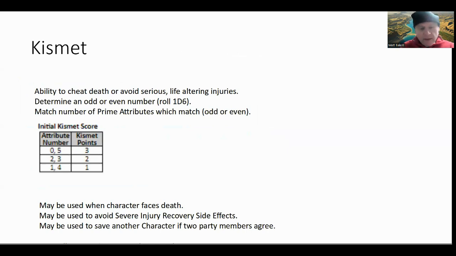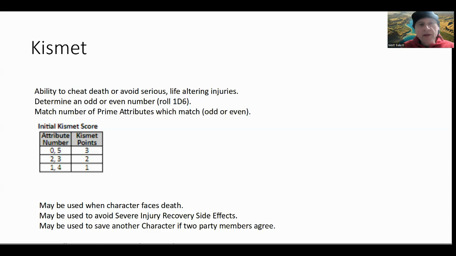Kismet is a system. It's basically a way for players to have their characters cheat death or avoid serious life-altering injuries.